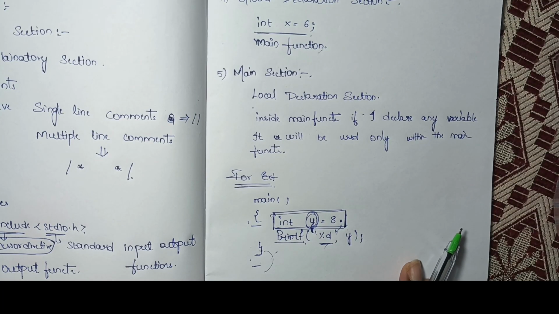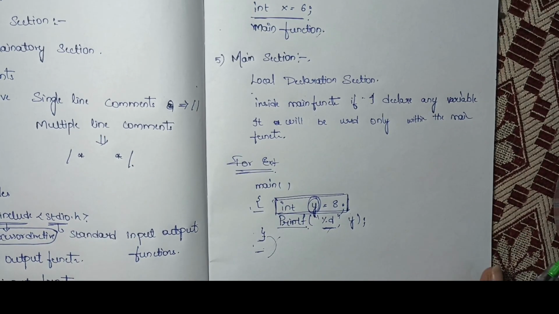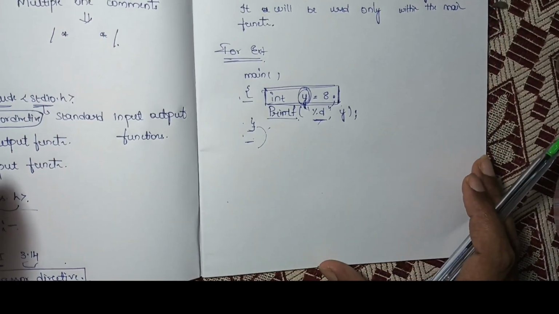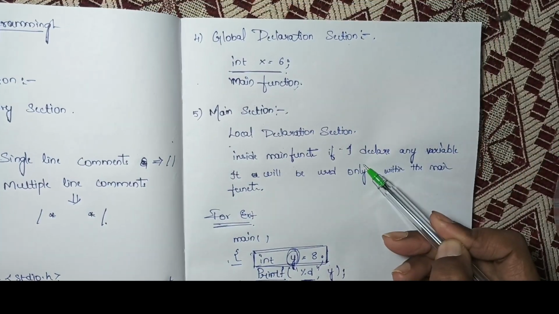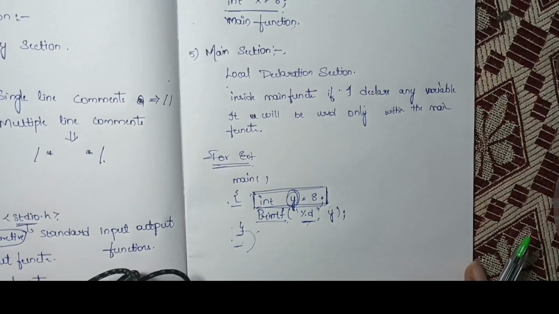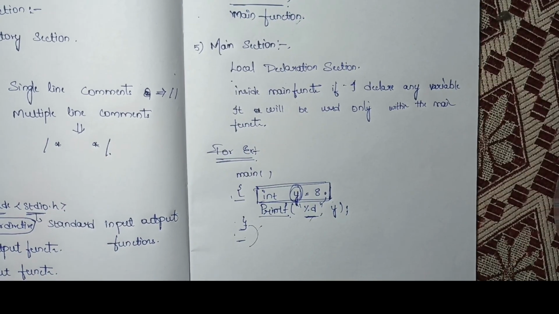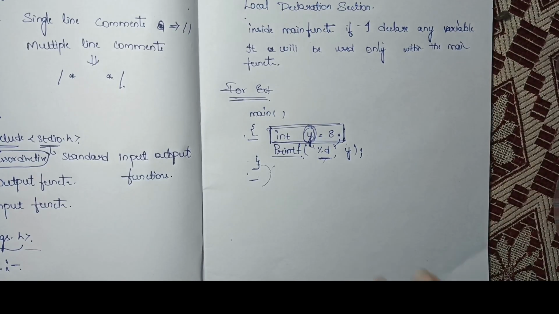We may use it anywhere throughout the program, in the main function or in a subprogram. Okay, is that clear between global variable and local variable? Then that's fine. Next, let's go to the next step.